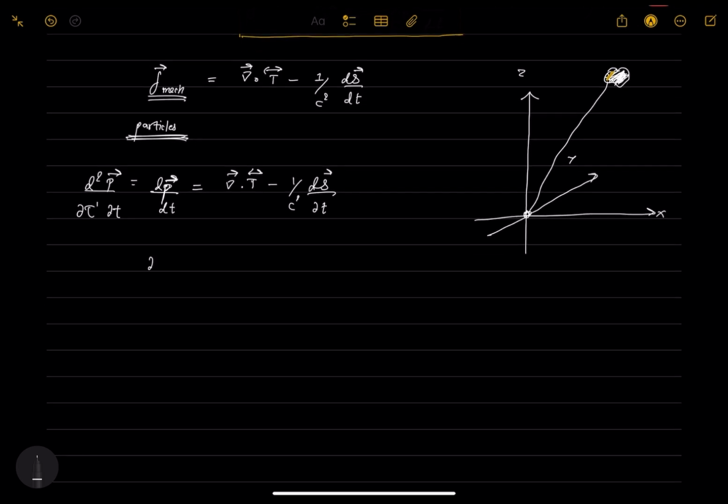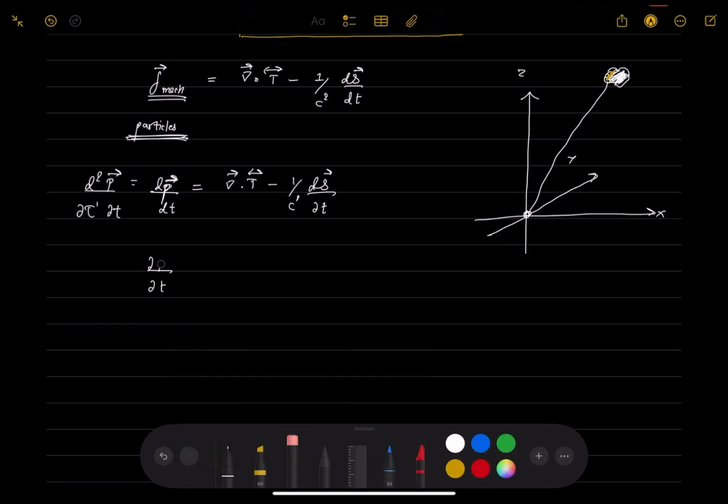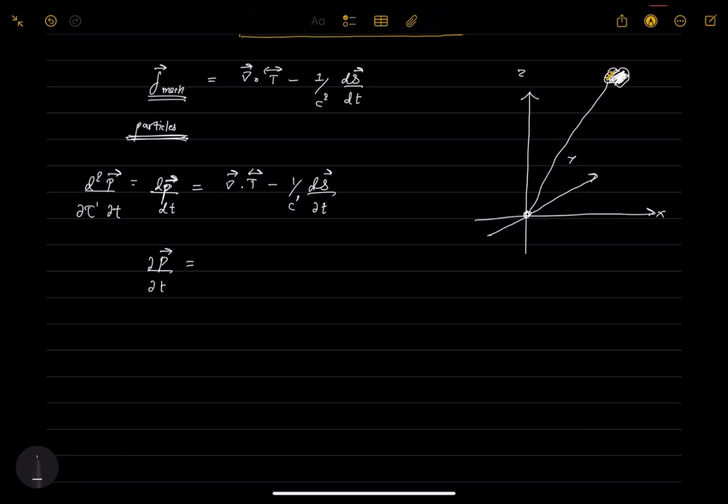All we need is that the time derivative of the total momentum stored, and note that I've used a capital P here, right, is going to be a volume integral of this thing. And that is by taking the volume integral of both sides of this equation.